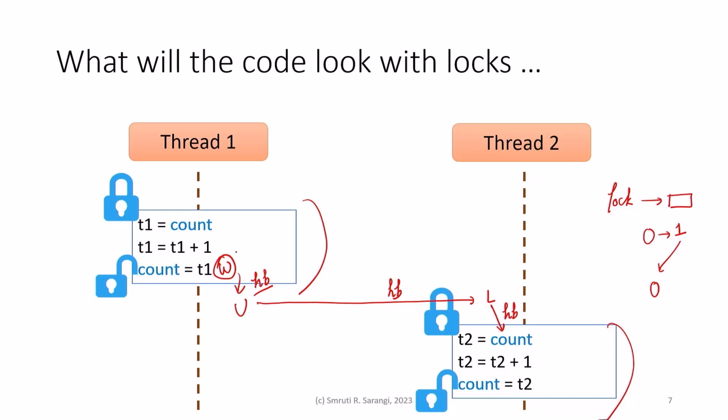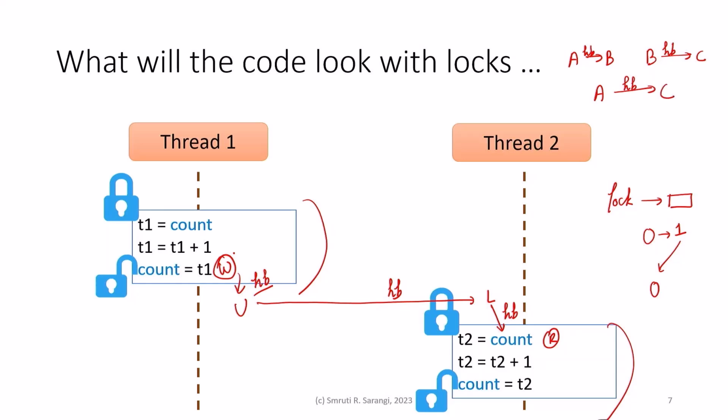Now, if you see, there is a path of happens-before relationships from this write to this read, where all the edges are happens-before edges. The happens-before relationship is transitive, which means that if event A happened before event B, and B happened before event C, then A happened before event C.